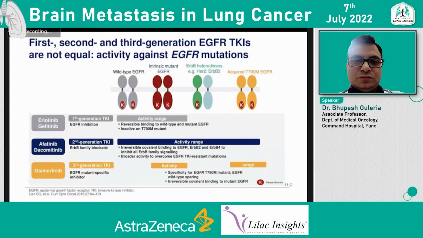In the second generation, we have afatinib and dacomitinib, which have irreversible covalent binding to the EGFR and broad activity to overcome EGFR TKI-resistant mutations. Osimertinib, the most effective drug as of date, has specific activity for the EGFR T790M mutant, and it binds irreversibly to the mutant EGFR.